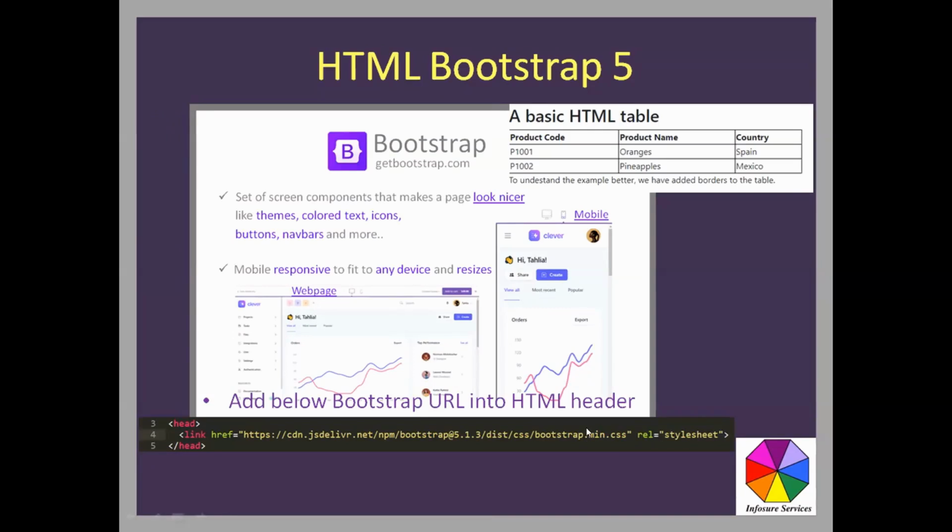This is a style sheet delivered externally from the web, called bootstrap.min.css. When you refer to Bootstrap, the screen components of that page are made to look nicer in terms of themed colors, text, icons, buttons, nav bar.